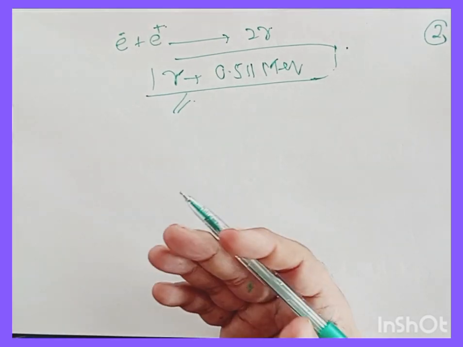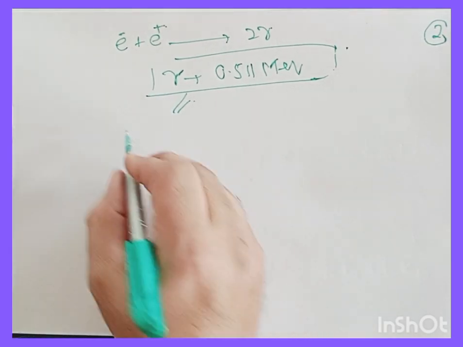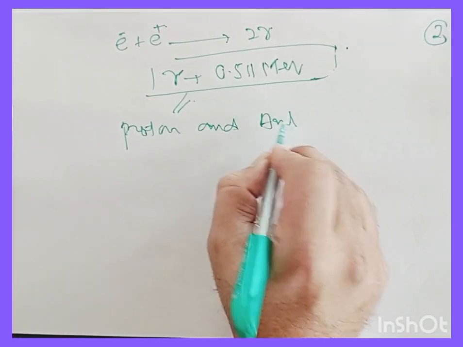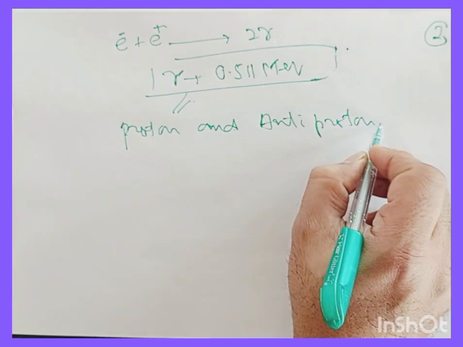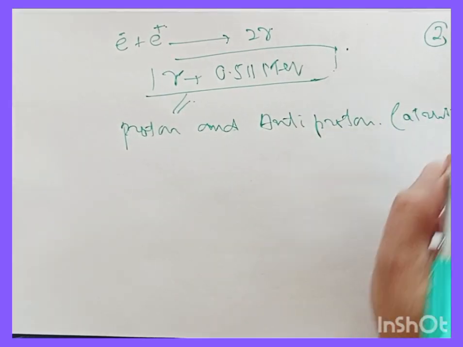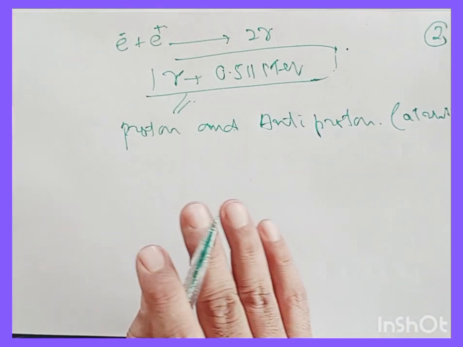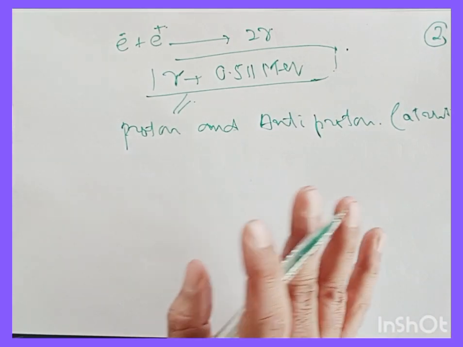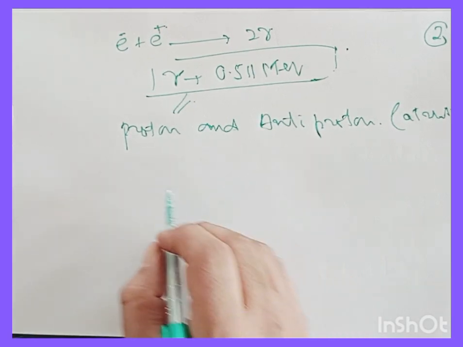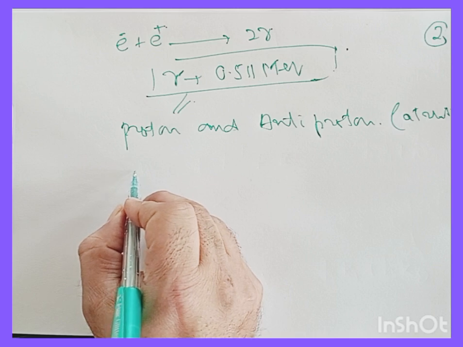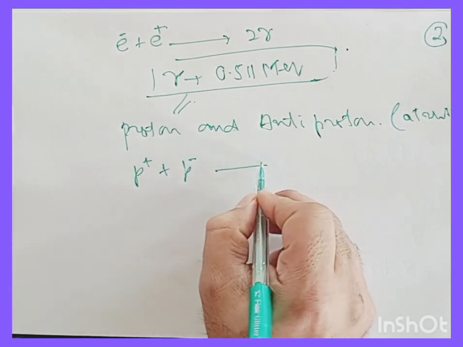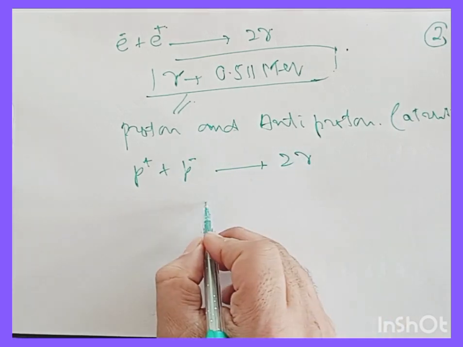Similar situations are true for proton and antiproton, both at rest. When a proton combines with an antiproton, they give rise to two photons.